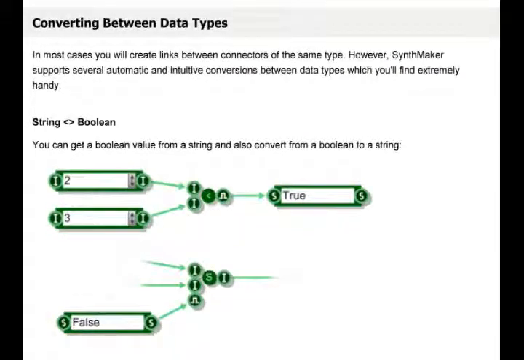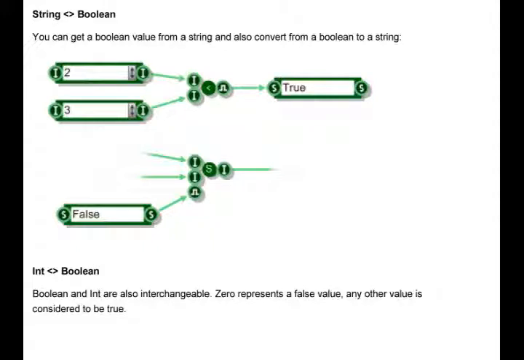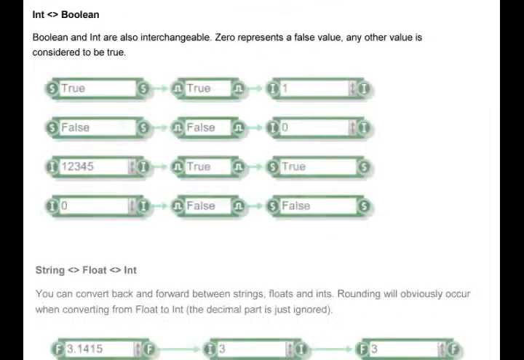Converting between data types. In most cases you will create links between connectors of the same type. However, SynMaker supports several automatic and intuitive conversions between data types, which you'll find extremely handy. String, Boolean. You can get a Boolean value from a string and also convert from a Boolean to a string. INT, Boolean.